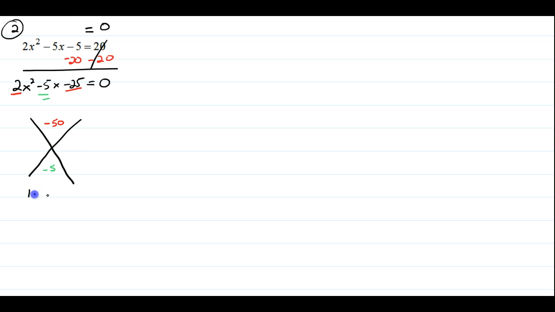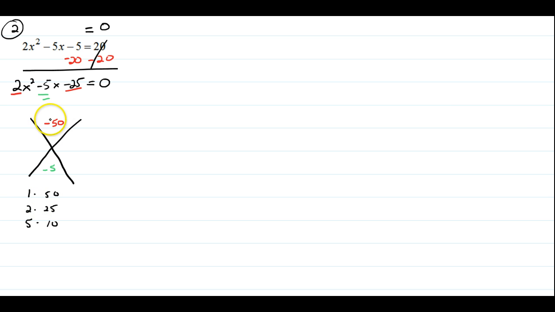So that's 1 times 50, 2 times 25, 3 doesn't go into 50, 4 doesn't go into 50, but 5 times 10. 6 no, 7 no, 8 no, 9 no, 10 yes, but once we get to 10 it repeats, so these are our 3 factors of 50.